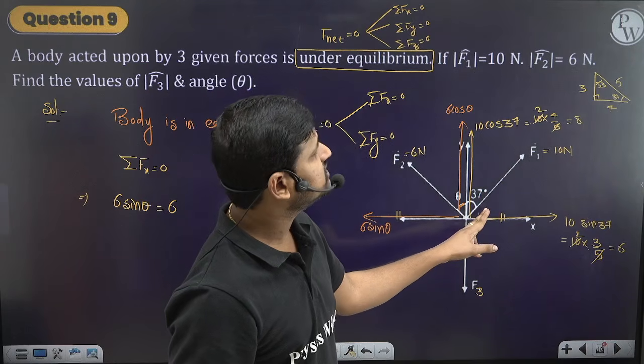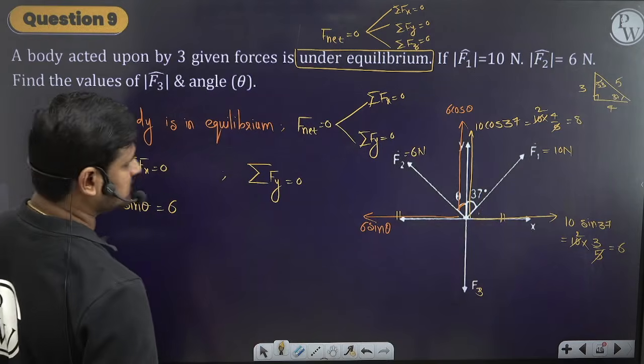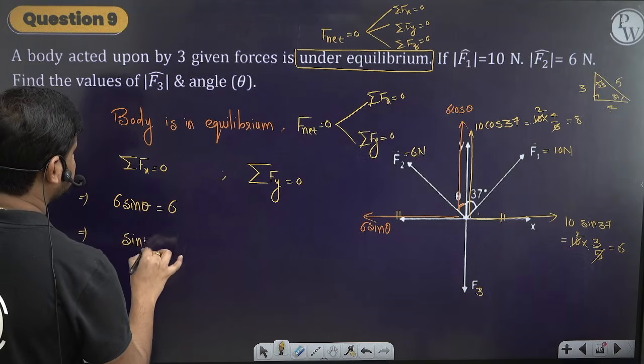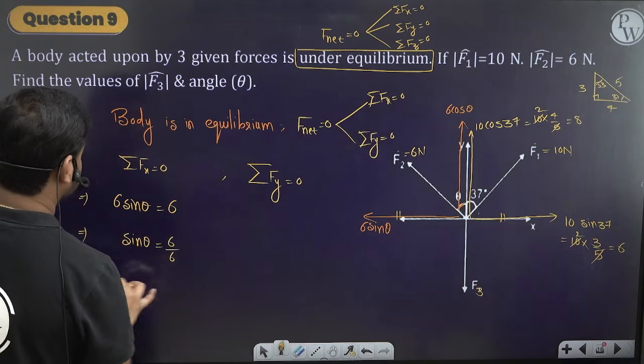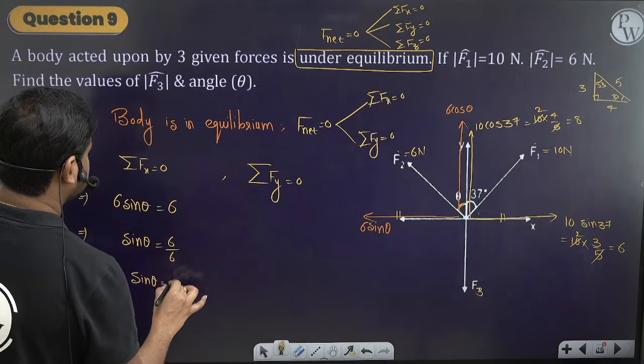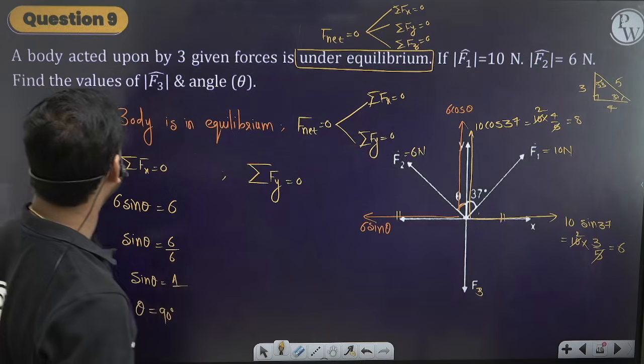Sin 37 is 3 by 5. So 6 sin theta is equal to 6, so sin theta is equal to 6 by 6, which is 1. So then theta must be equal to 90 degrees.